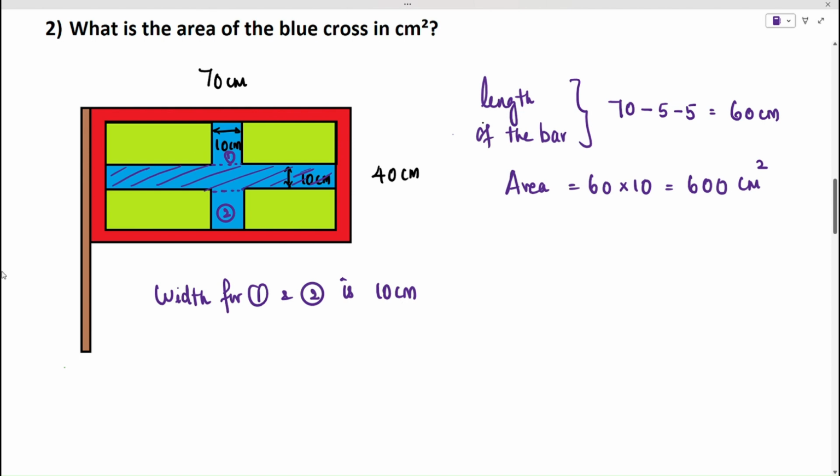So we do 40 minus 5 minus 5, and that gives us 30 centimeters, but that also includes the width taken up by the bar that goes through the middle. So we have to subtract a further 10 centimeters, so 30 minus 10 is equal to 20. Now 20 is the length of both area 1 and area 2 combined.